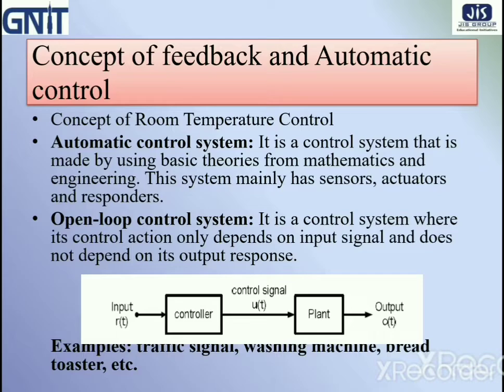Suppose we want to control the temperature of a room by using a room heater. The temperature of the room is controlled by switching on or switching off the power supply of the heating element, that means the heater. By using heater on and heater off, we can adjust the room temperature.